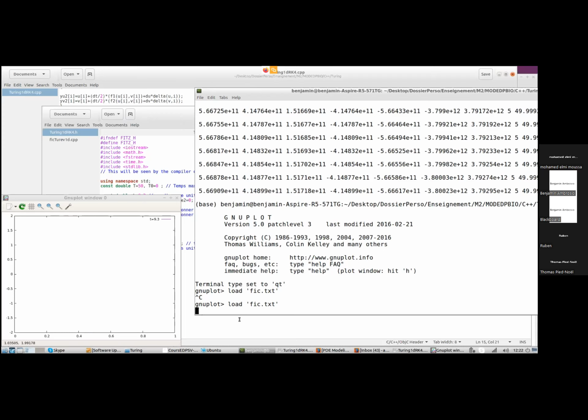Okay, you can see that the solution is going to infinity. So that reflects our theoretical work.